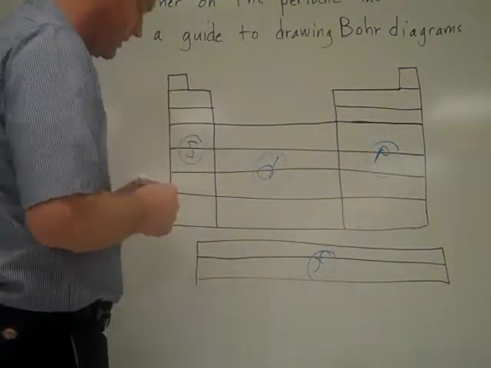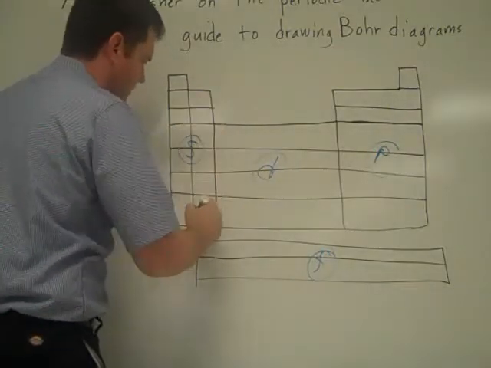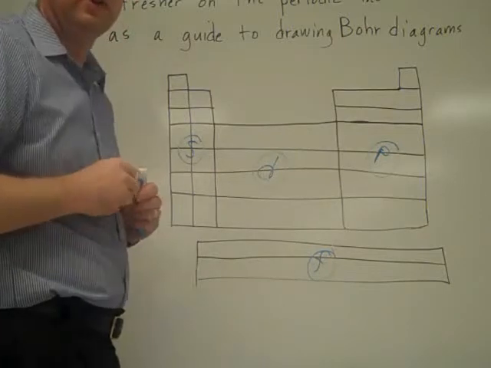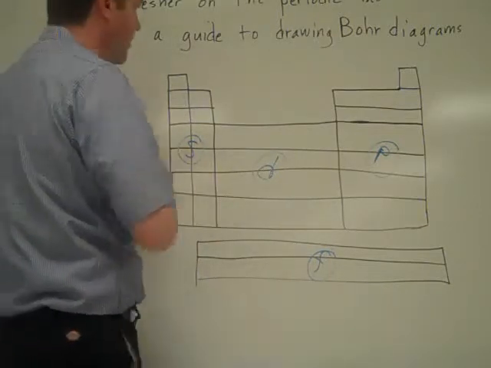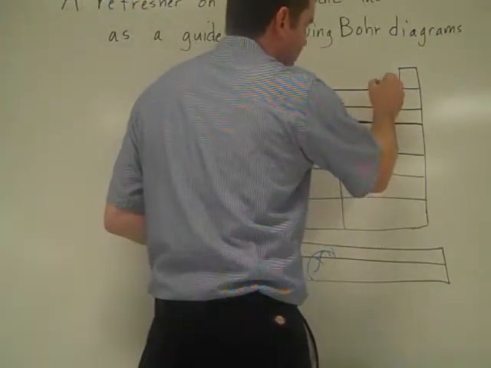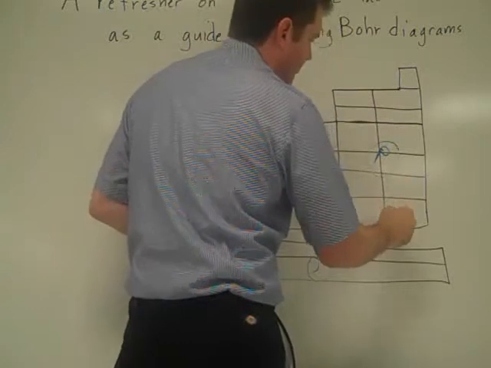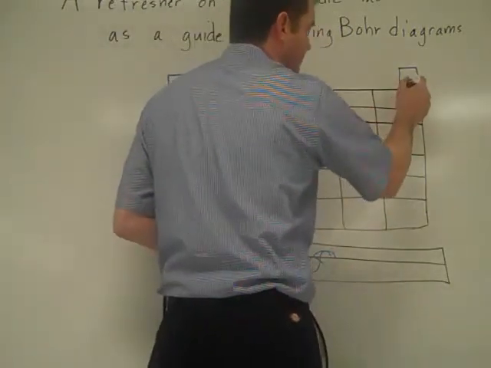Then we should notice that in the S section there are always only 2 columns. Now a column we also call a group. A row we call a period, a column we call a group. We'll talk about why in a little bit. There should be 6 boxes as you go across a P subsection, P subshell.